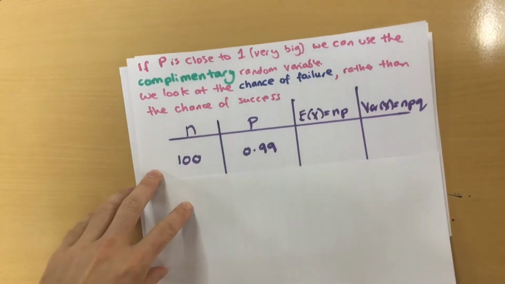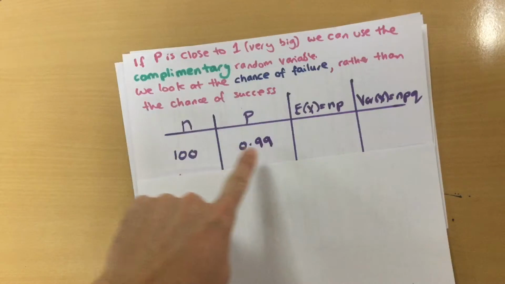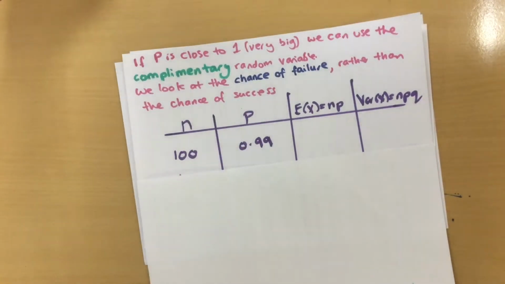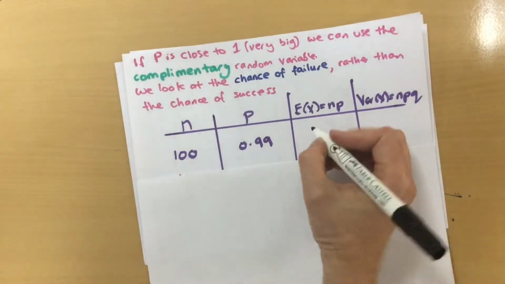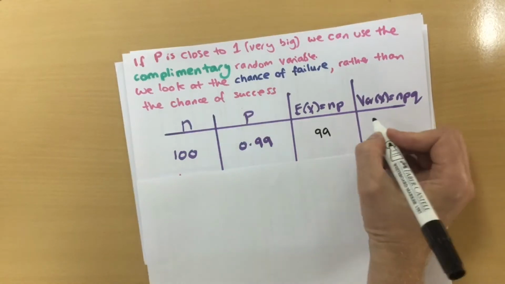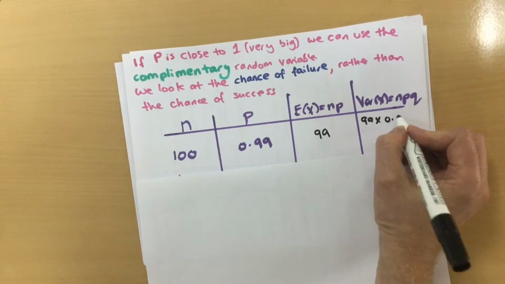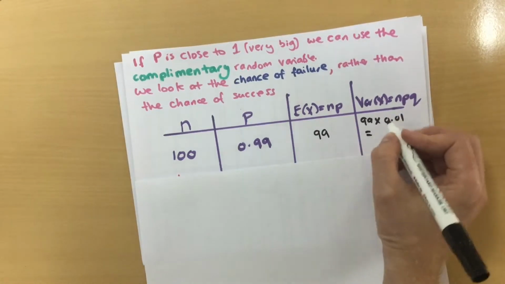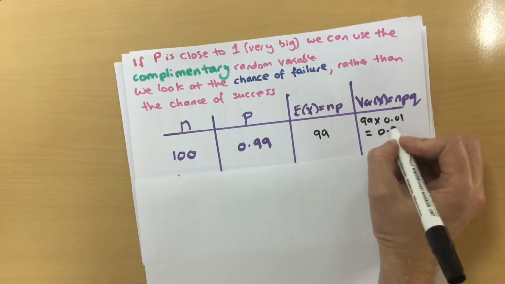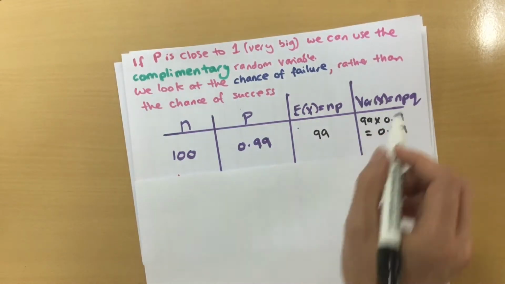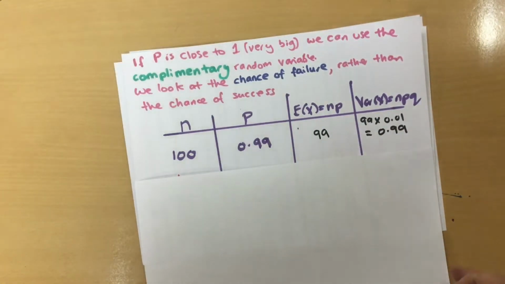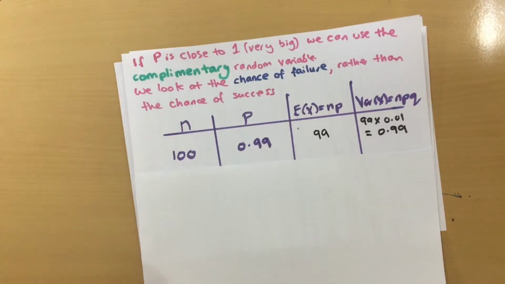So let's take an example where you've got a very large n and a very large p. Normally you'd work out the mean and variance. 100 times 0.99, so the mean is 99, and then that chance times the chance of failure, which is 0.01, gives us a variance of 0.99. Now here, the mean and variance are miles apart. So instead, let's look at the complementary, the chance of failure.